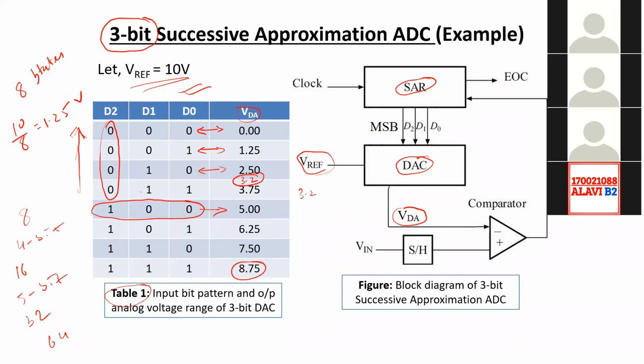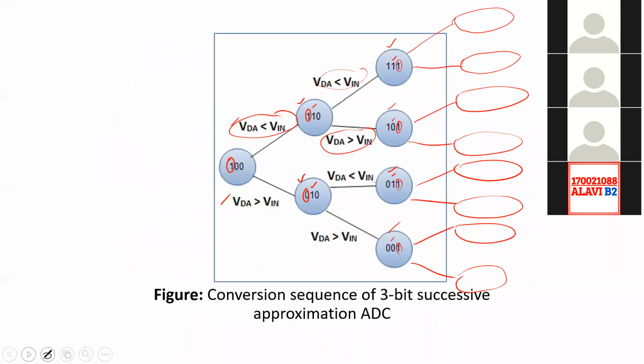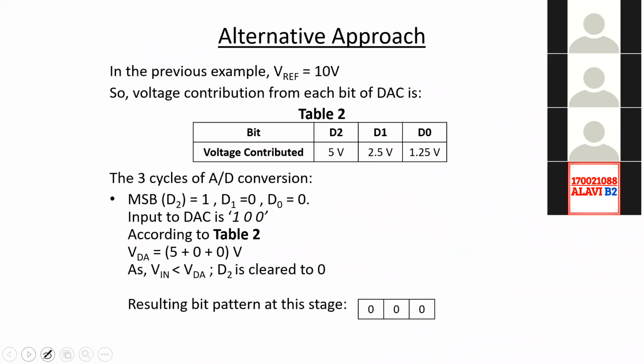So rather than that, an alternative approach can be followed where instead of deriving the entire table, a table can be developed where the contribution from each bit is going to be considered separately.